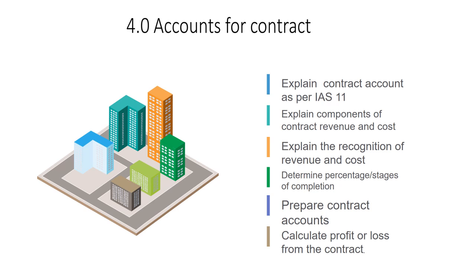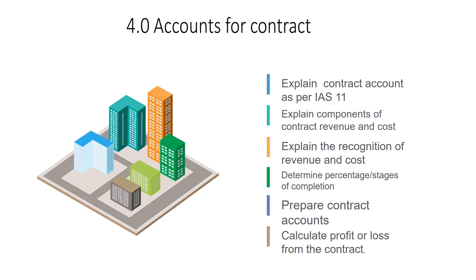This will explain the components of contract revenue and its recognition, how the recognition of revenue and costing is done, and determine the percentage stage of a contract completed, and then prepare a contract account, and therefore end up calculating a profit or loss from the contract.